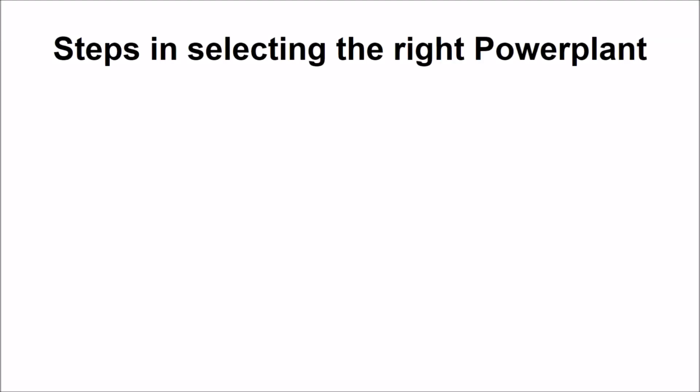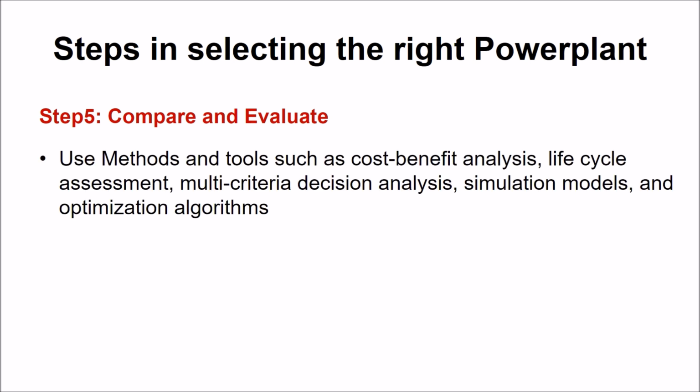The final step in choosing the right power plant for your project is to compare and evaluate different options based on the factors that we have discussed. You can use various methods and tools such as cost-benefit analysis, life cycle assessment, multi-criteria decision analysis, simulation models, and optimization algorithms to weigh the pros and cons of different power plant types and find the optimal solution for your project.